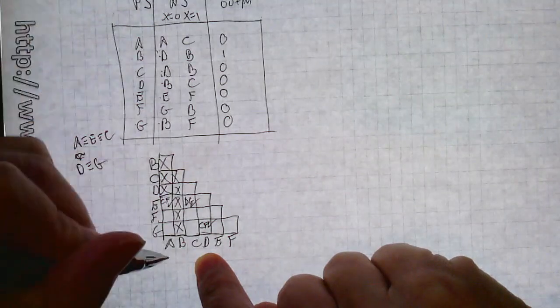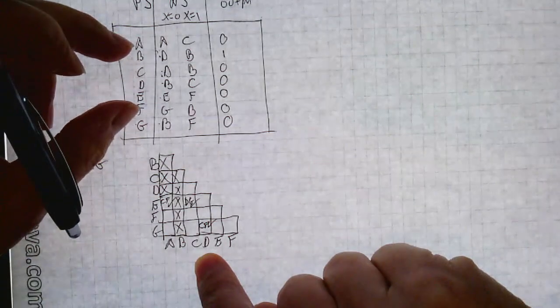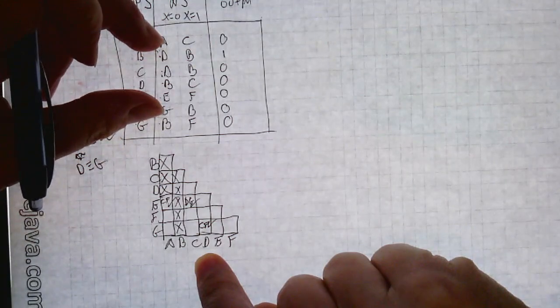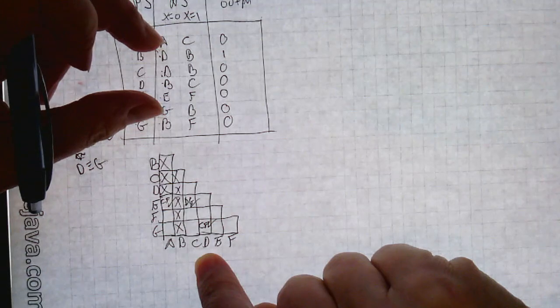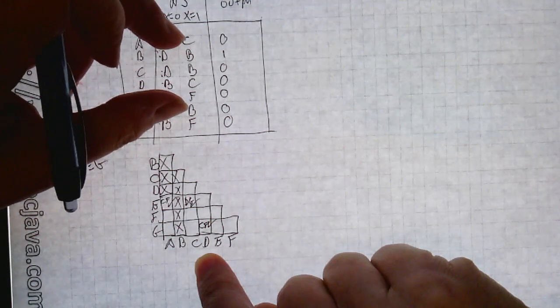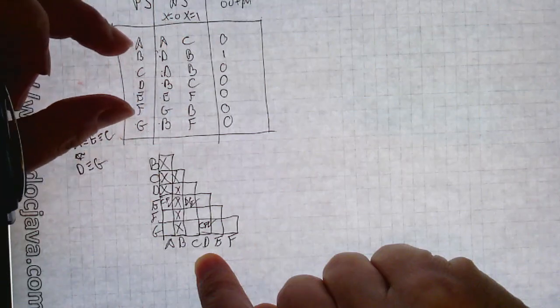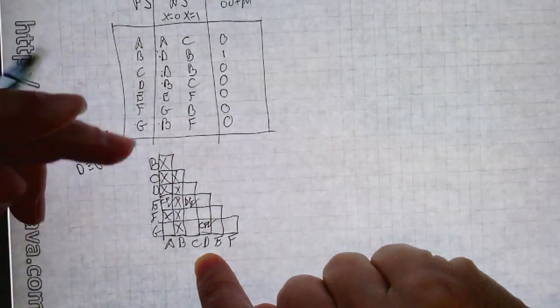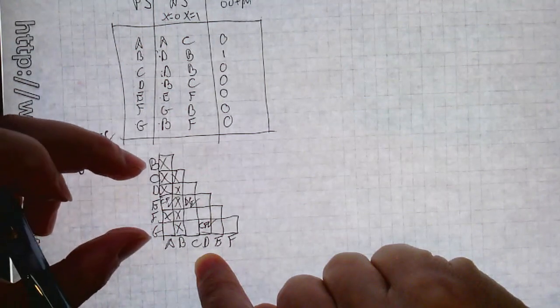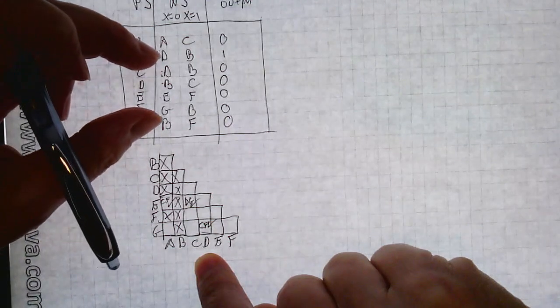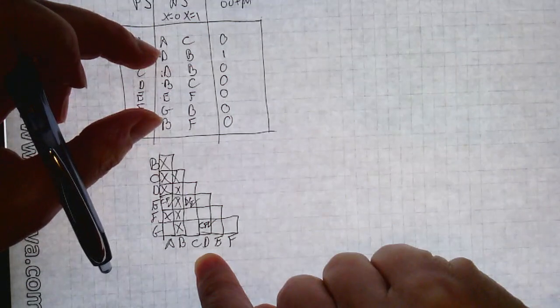And now I can look at A and F. A and F are good if A is equal to G. We don't know. Or if C is equal to B. And it looks like C is not equal to B. And therefore, A cannot be equal to F. G to B, if D to B, let's see now.